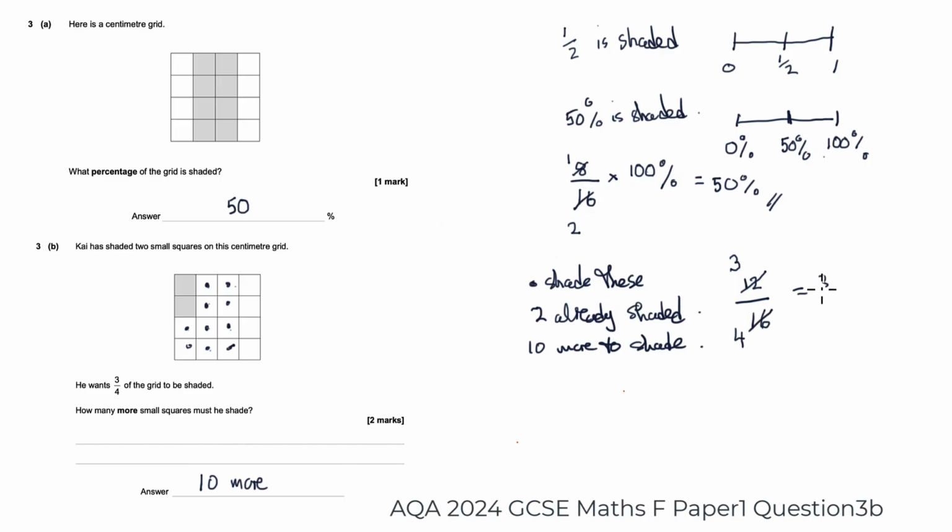And that gives us 3/4, and that's what he was asked to shade. So 12 squares in total. He's already done 2, and that would leave 10 still to shade. So your answer is 10 more.